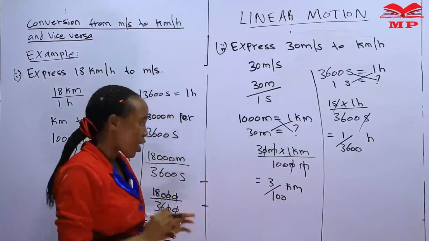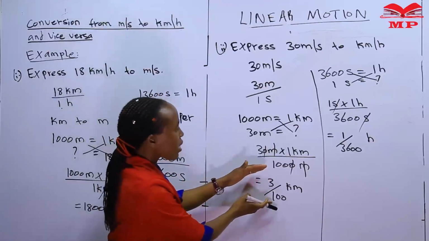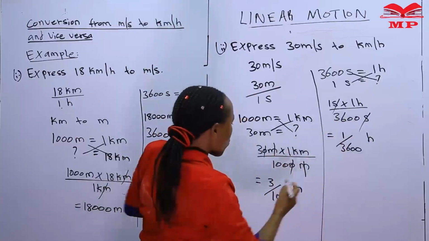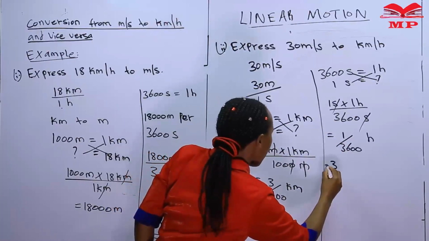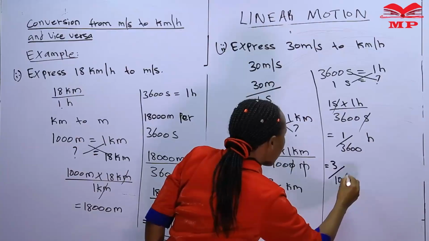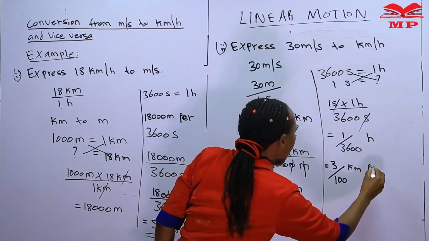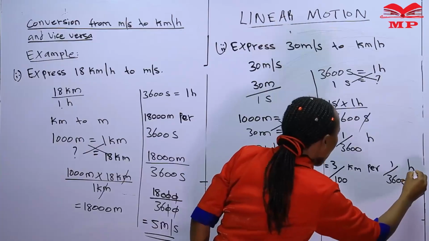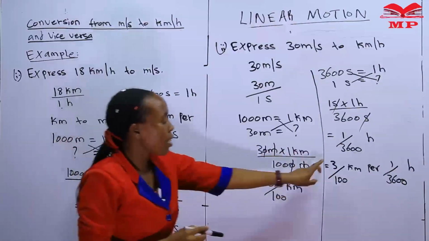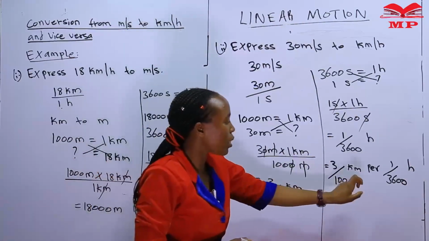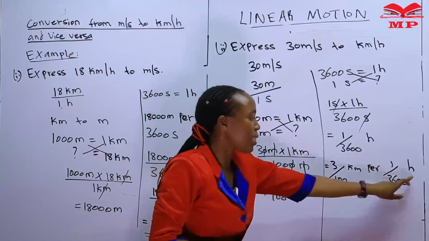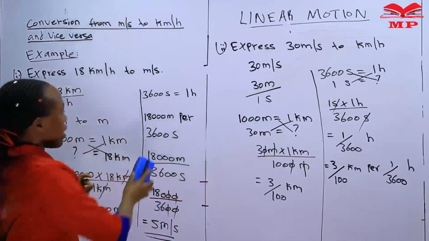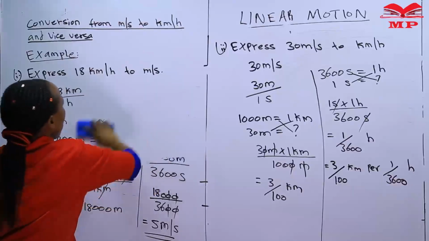So now we want to express the meters per second into kilometers per hour. So we have it this way, 3 all over 100 kilometers per 1 over 3,600 hours. And as I've told you, per simply stands for division.